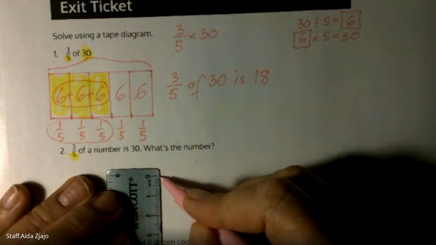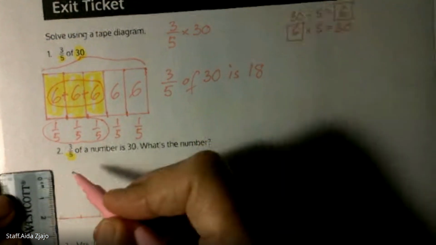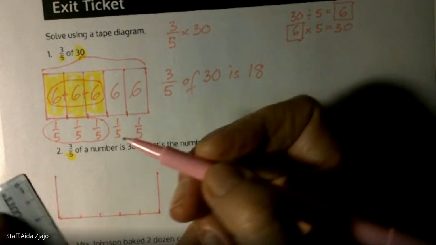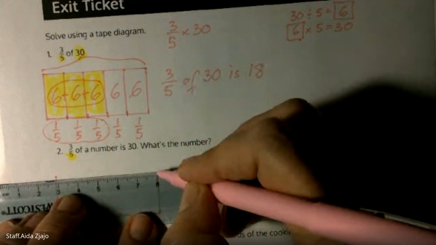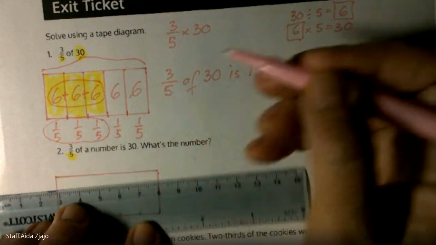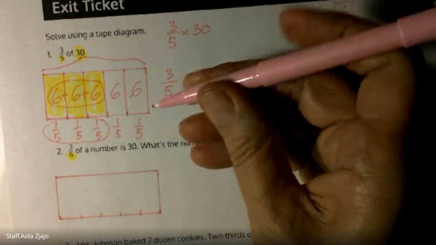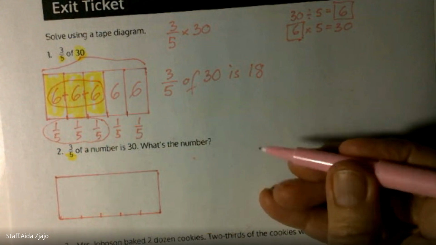So if I do the same thing and draw my tape diagram, this whole, we don't know what the whole is.